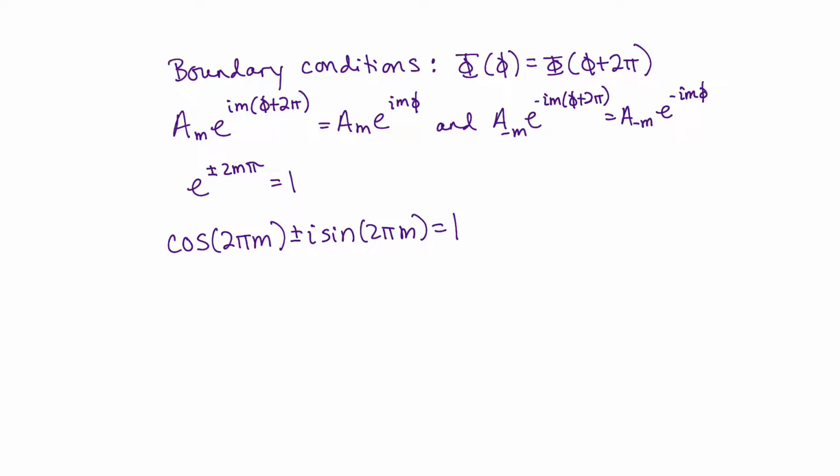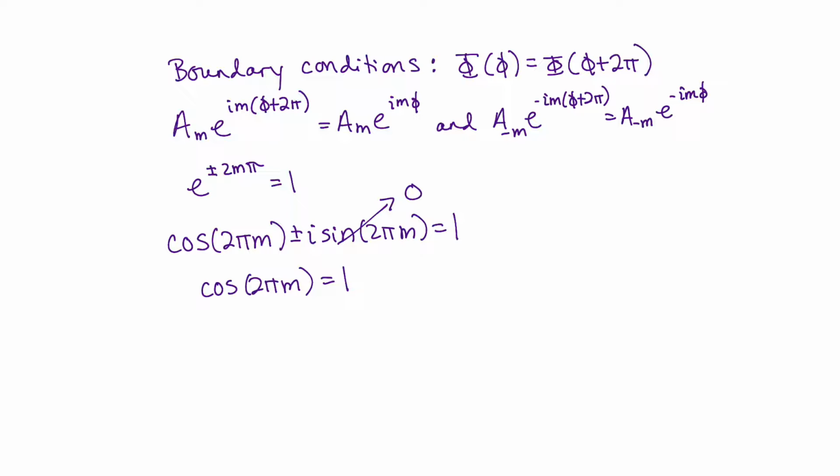Looking at our cosine-sine expression here, we can see that this term is going to go to 0 for integer values. Remember, m is going to be some kind of integer that we put in there. That leaves us with cosine of 2 pi m equal to 1.